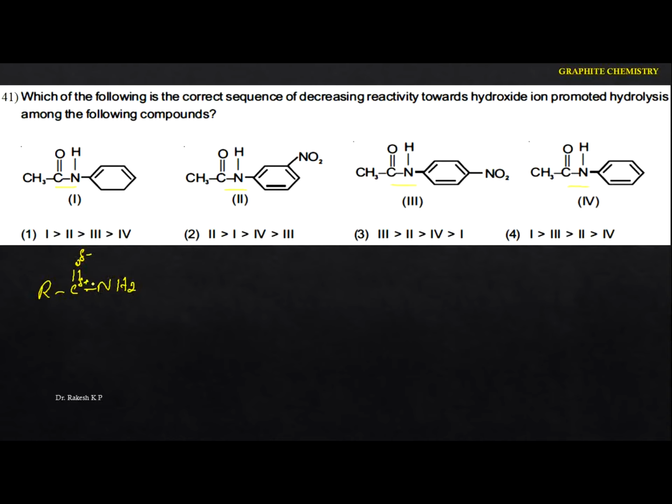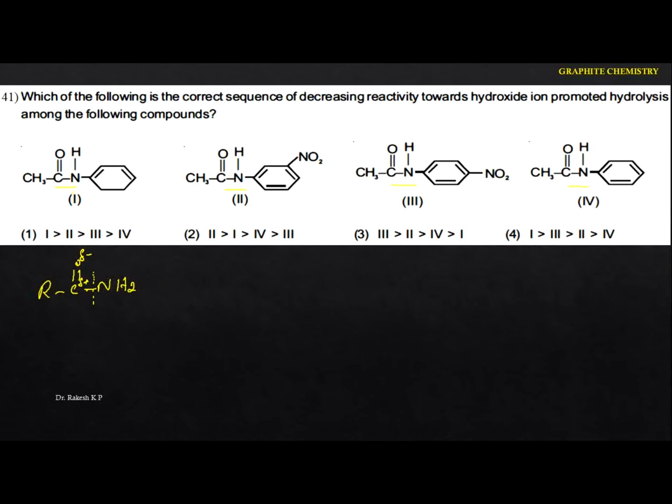During the hydrolysis, the cleavage takes place here, and it forms the respective carboxylic acid, and also you're going to get the amine derivative. So if the particular group has an electron withdrawing effect, the cleavage of carbon to nitrogen becomes very easy.